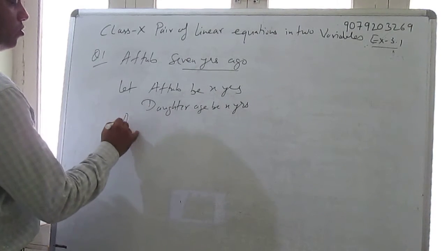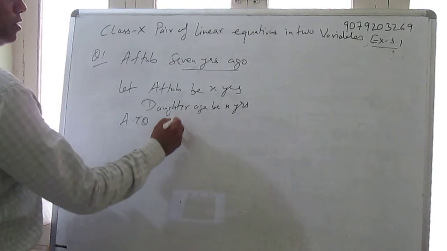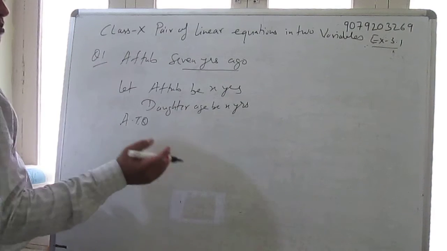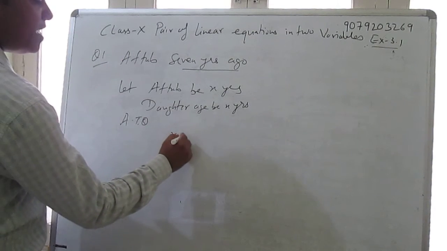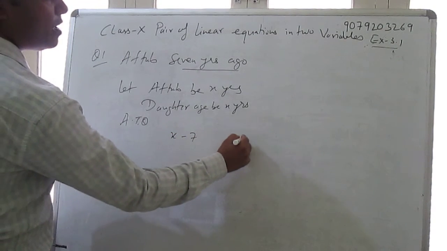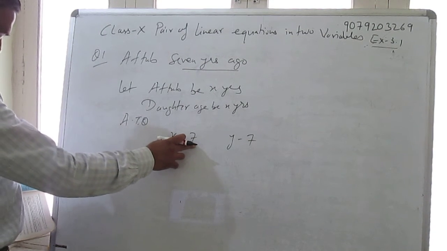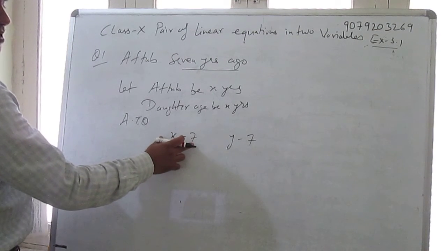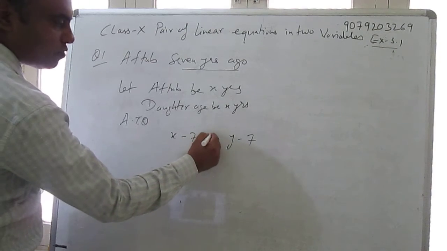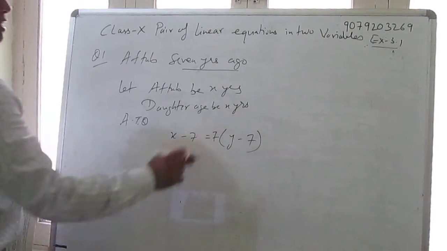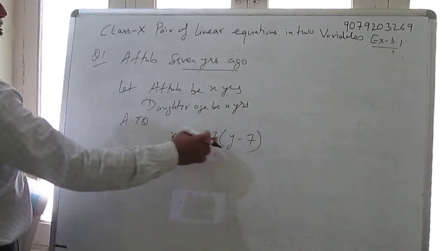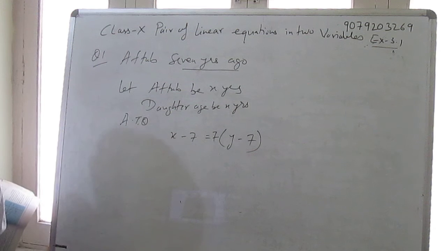So according to the question, 7 years ago means on both sides we will minus: x minus 7, y minus 7. 7 years ago, how many times was Aftab old? 7. So when we equate the equation, we have to multiply 7 on the daughter side. So we balance the equation.